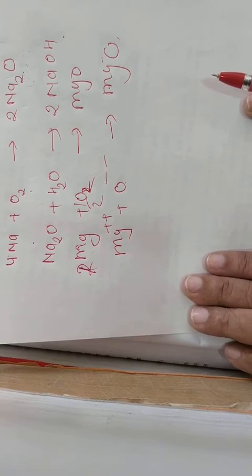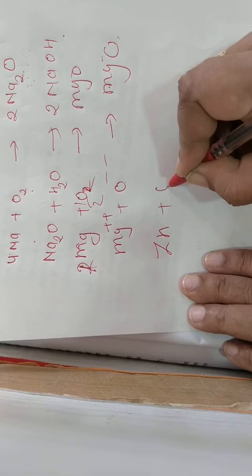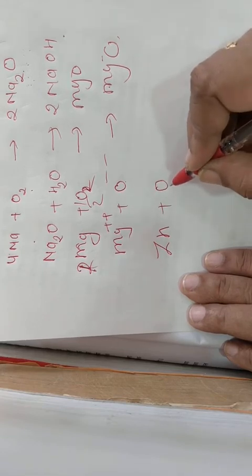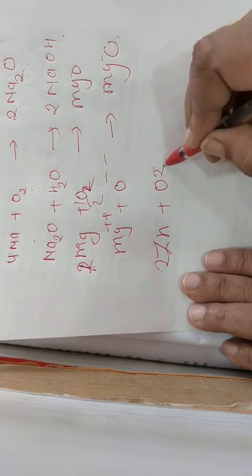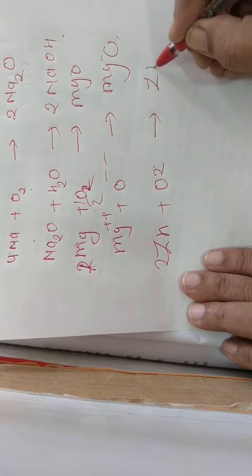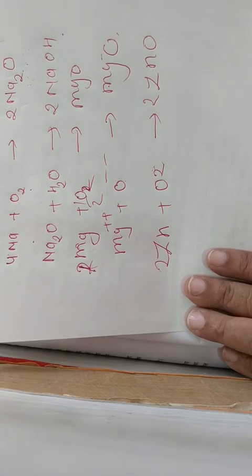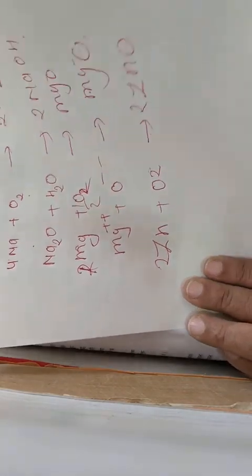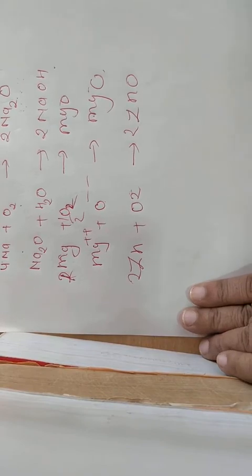Now we come to other oxides, such as zinc. When zinc reacts with oxygen, to balance it you take 2 zinc and O2, and you will form ZnO. Again, the metal will be covered with an oxide layer. The same thing happens with silver and gold.